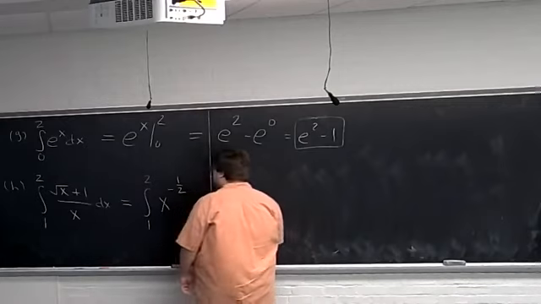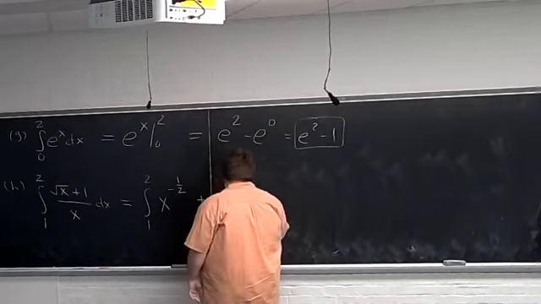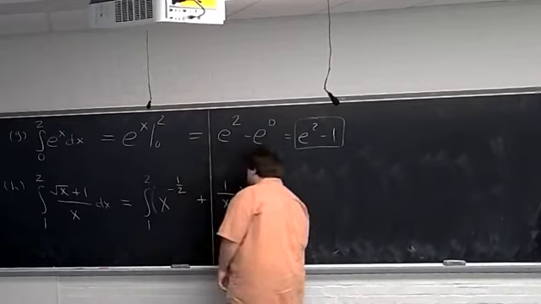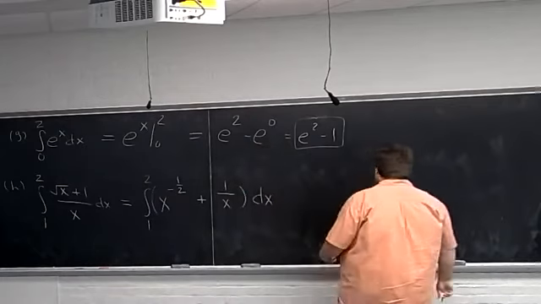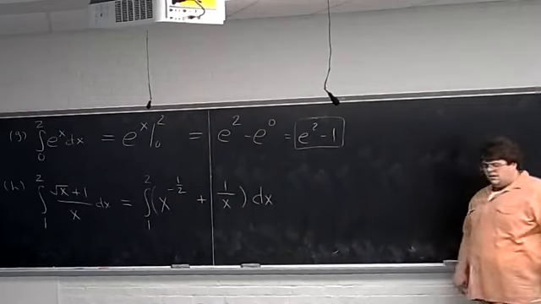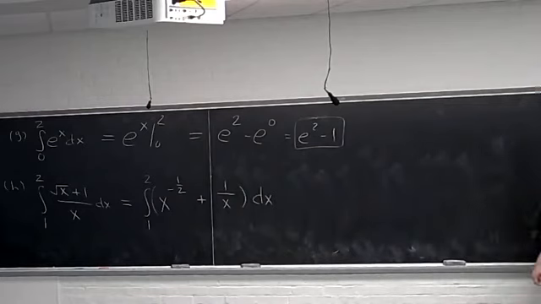1 divided by x, well, it is x to the negative 1, but recall from our derivative rules, our indefinite integral rules, our antiderivative rules, the power rule didn't apply when the exponent was negative 1. But we did have a convenient logarithm rule which did apply.